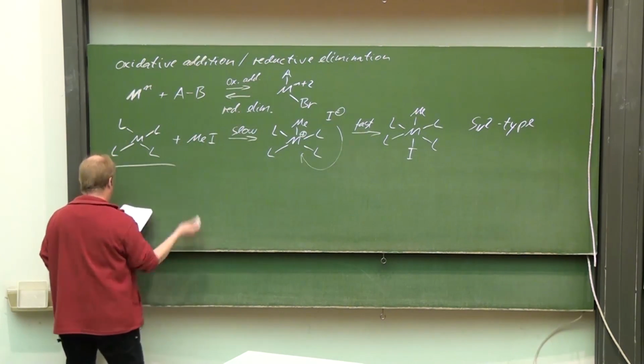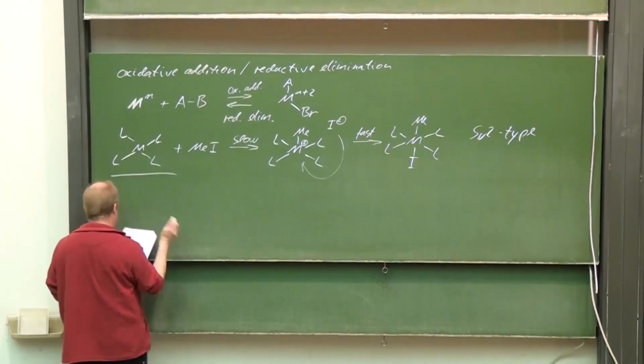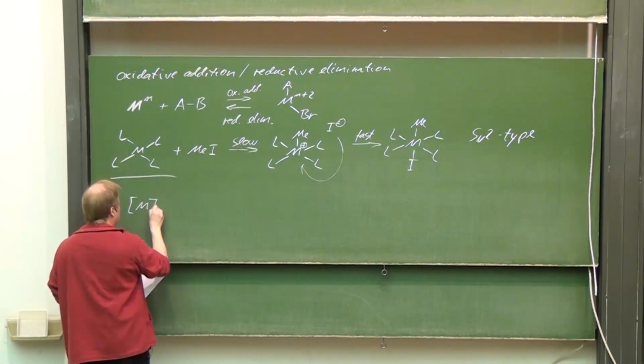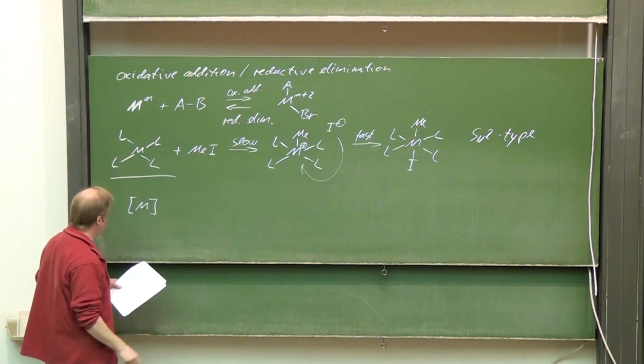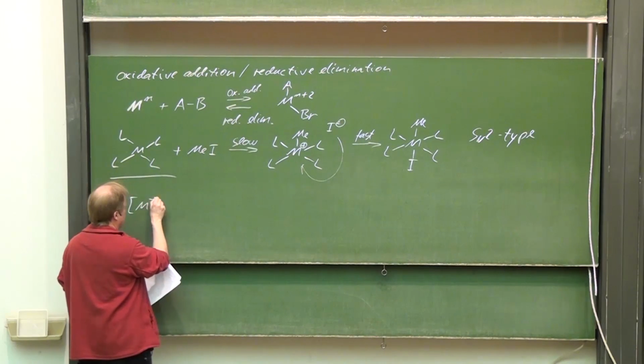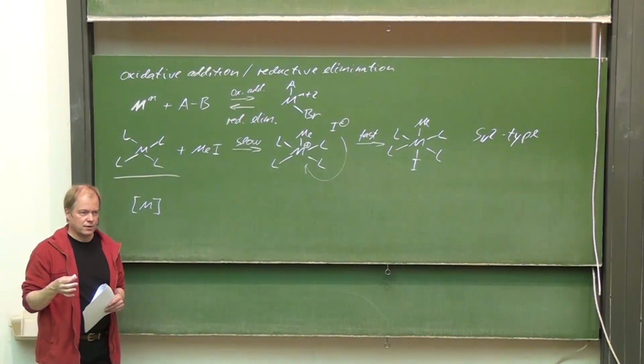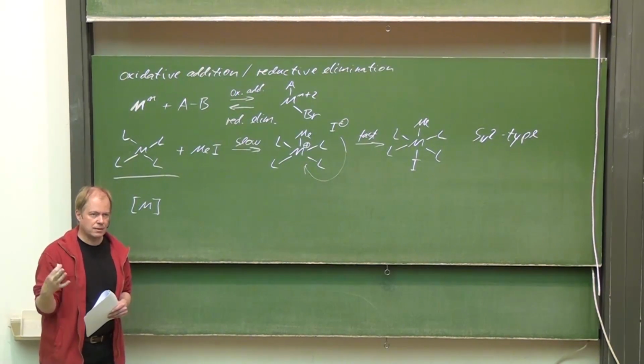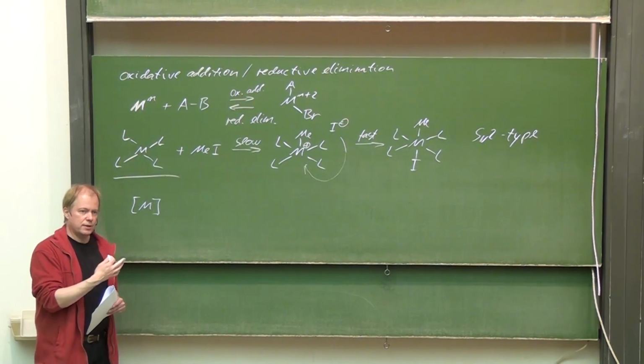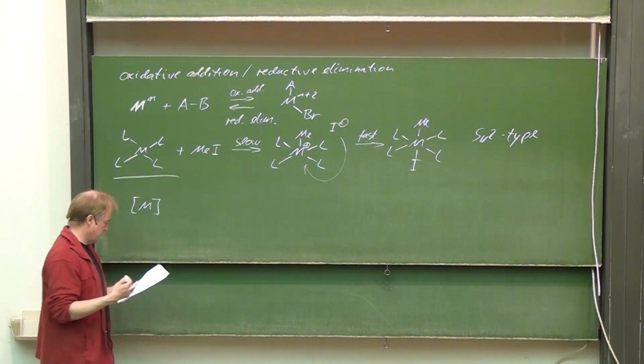Another type of oxidative addition, once again with a general scheme. So these brackets here symbolize that there is, of course, not a naked metal. There are already ligands and substituents.